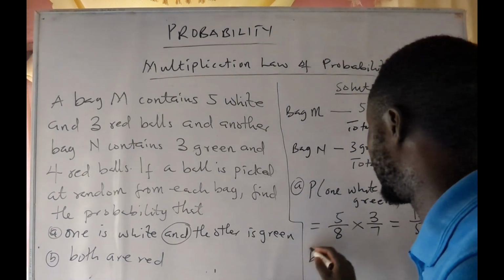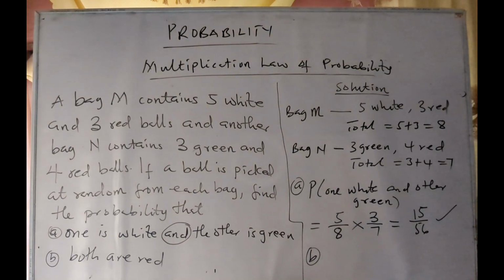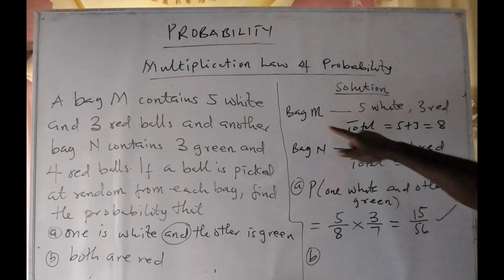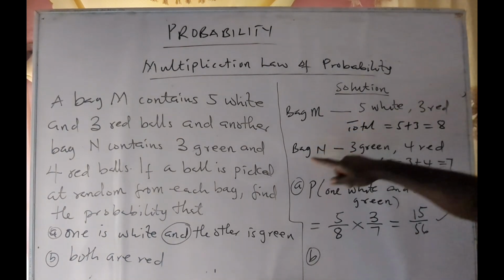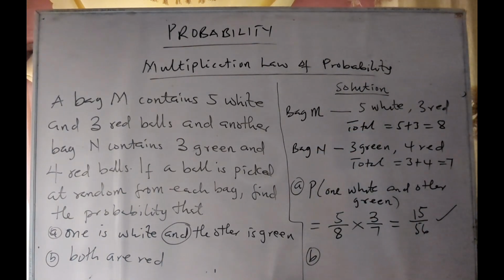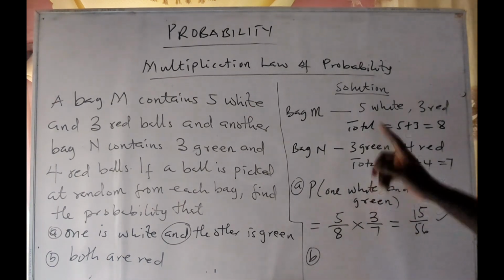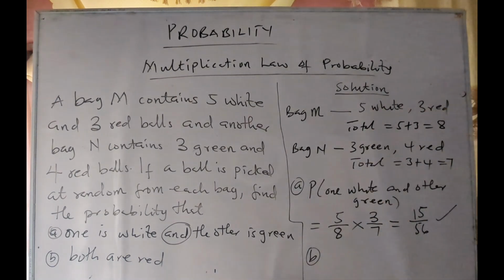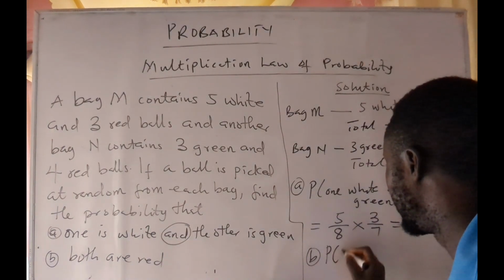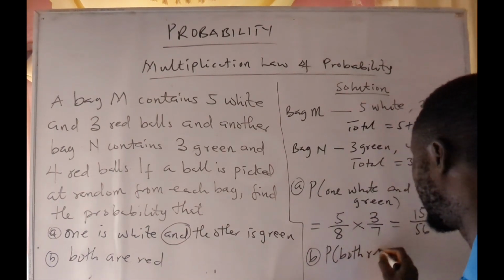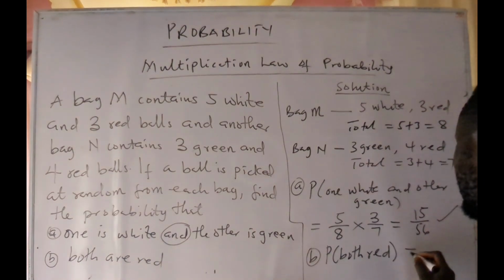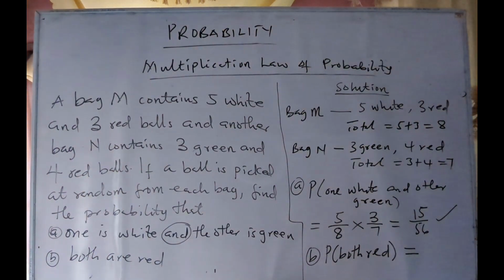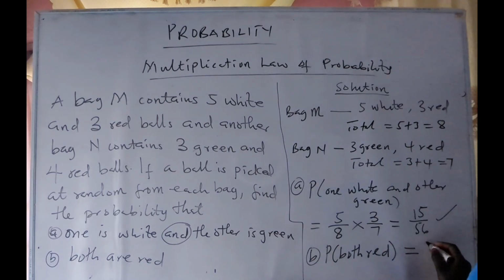All right, so let's see B. Both are red. There is a red ball in bag M, which is 3, and there is also a red ball in bag N, which is 4. So what is the probability that when I pick from bag M, I'll pick red, and when I pick from bag N, I'll also pick red? Since I'm picking one from each bag, from bag M, how many red? 3 out of 8 balls.